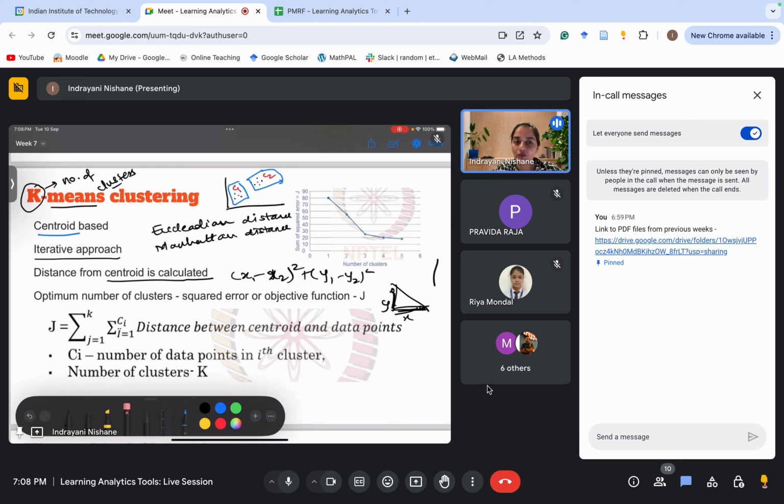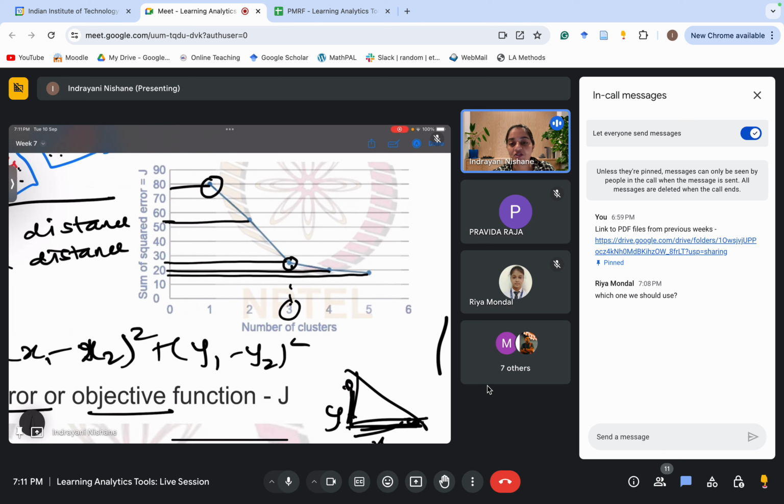After that, this value does not differ very significantly. There is a minute difference, but not a large difference like here, some 50 plus or 55, and then here is 25. So the difference in the j value between 3 clusters and 4 clusters is not much.